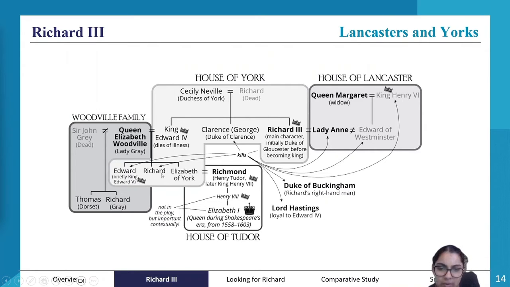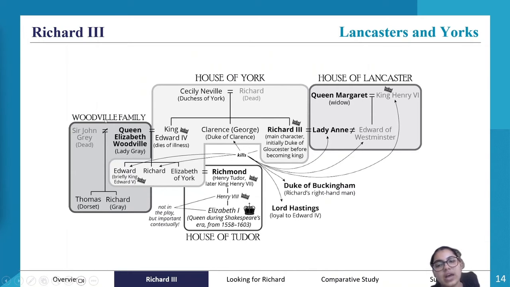He also kills another Richard, the second prince, whose name was Richard, but Elizabeth of York he doesn't kill. She marries Richmond, and then they have a son, Edward VIII, who is not in the play, but then they have Henry VIII, and then Henry VIII's daughter is Queen Elizabeth I.